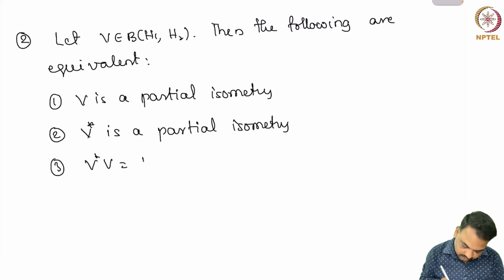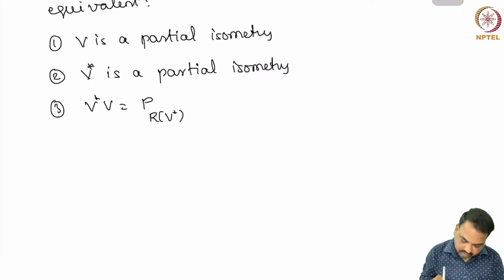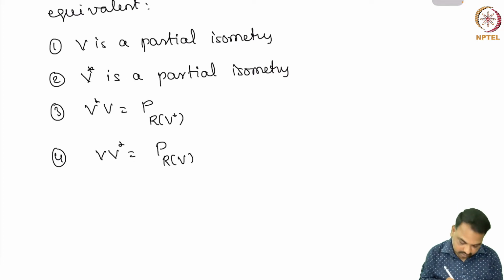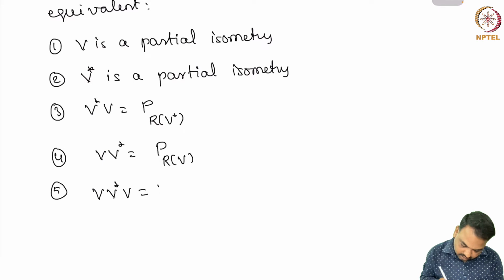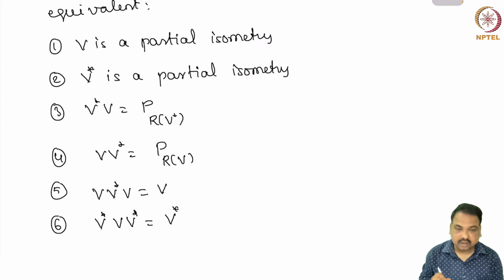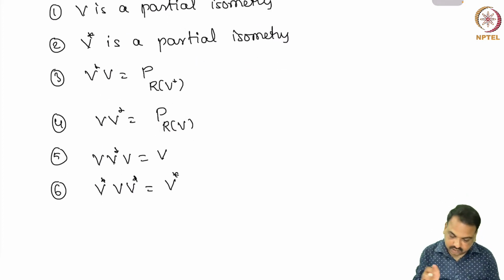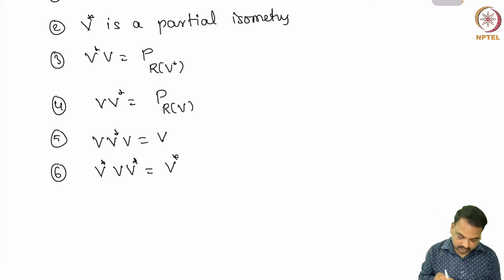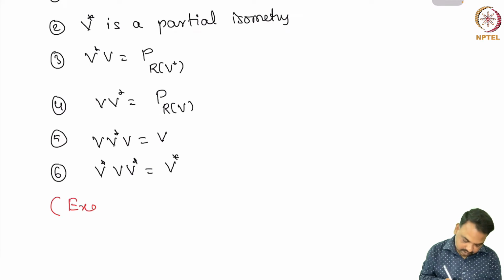V*V is the projection onto the range of V*. VV* is the projection onto the range of V. VV*V is V. V*VV* is V*. So this can be proved in an easy way using the properties of partial isometries. You can take this as an exercise.